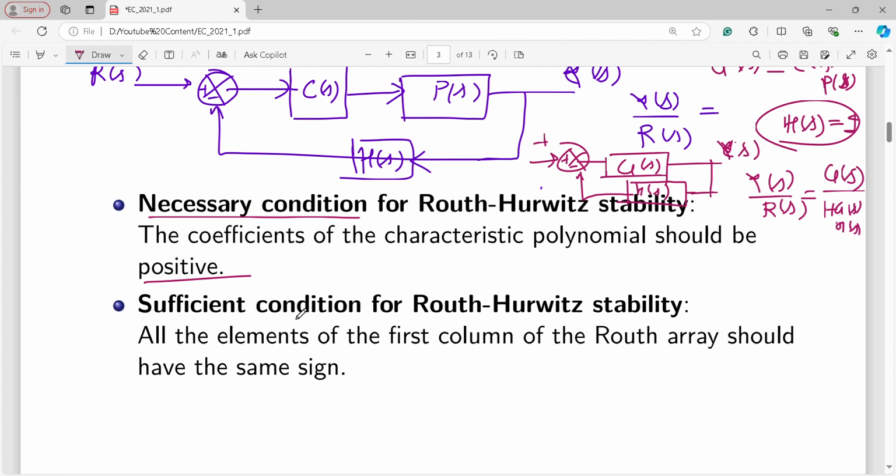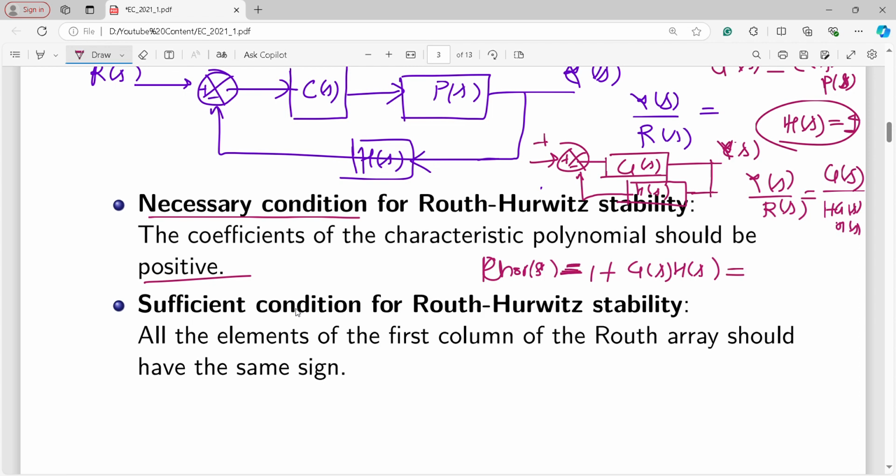So what is the characteristic equation? The characteristic polynomial is 1 plus G of S into H of S.